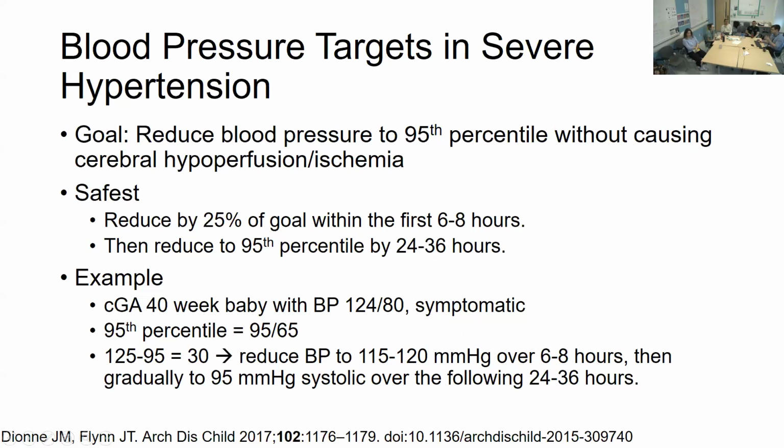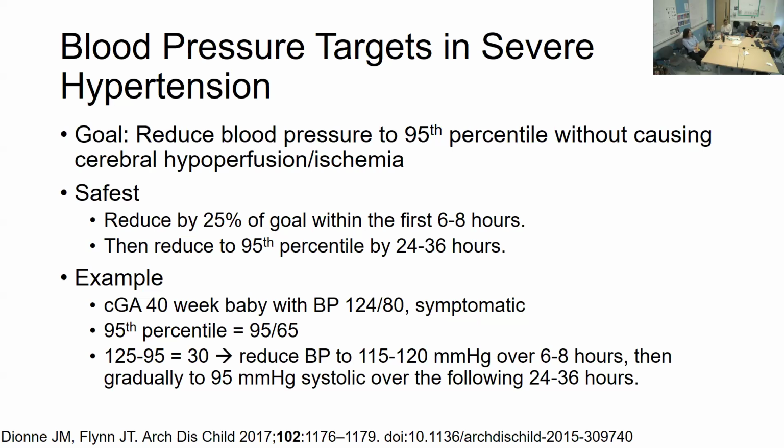And that's how I would go about it every time. It's not cookie cutter. You can be a little bit more conservative and say, let's get them to the 99th first, and then we'll see how things go.